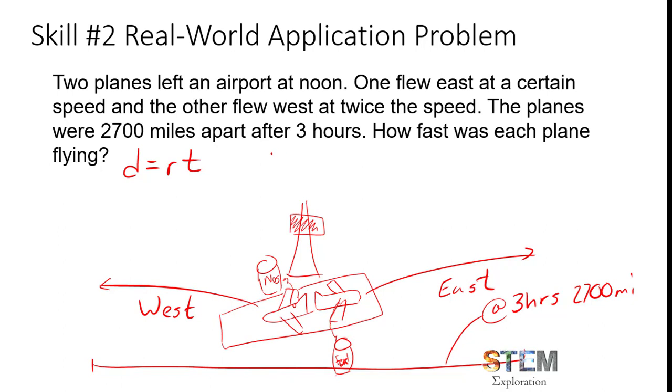So for example, if we just want to start writing some expressions and take this apart, we can say distance total is equal to the rate of plane 1 and plane 2 times the time total.